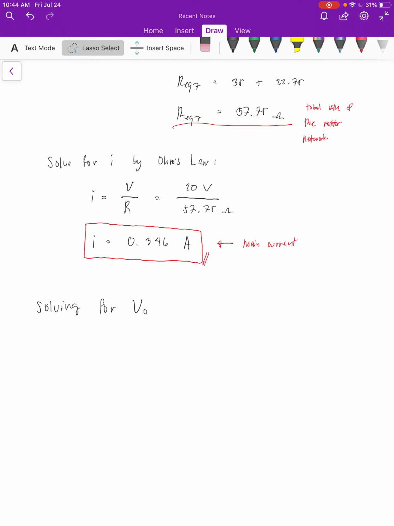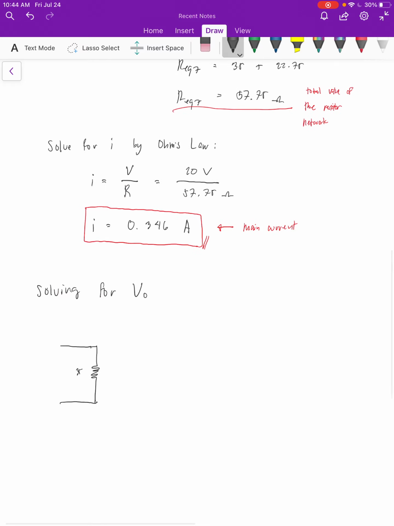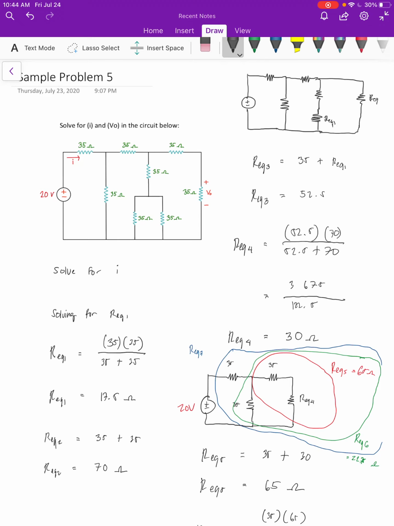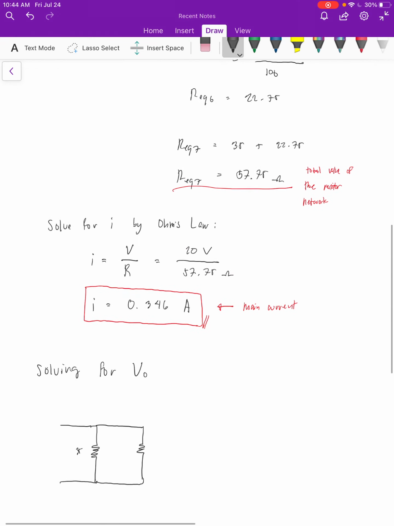So to redraw the diagram, we know that as 35, and here is our simplified resistor diagram, and we know this as our REQ5.